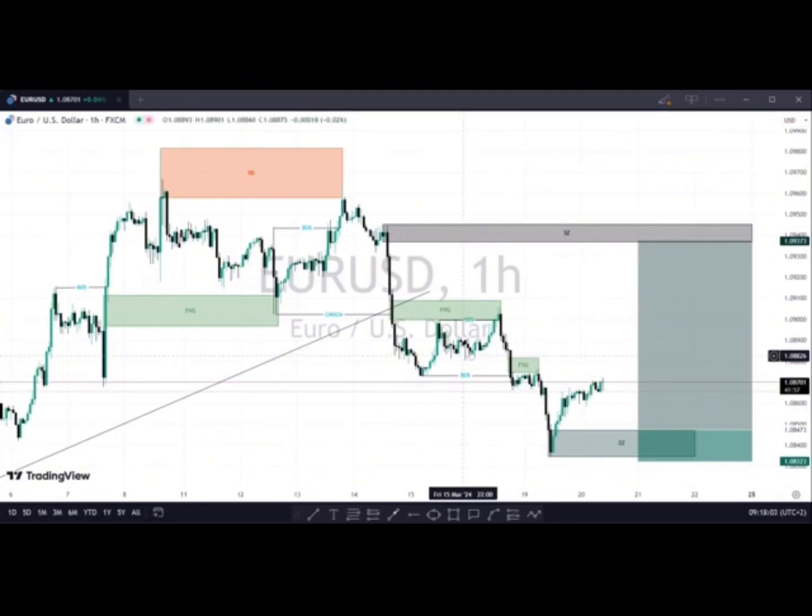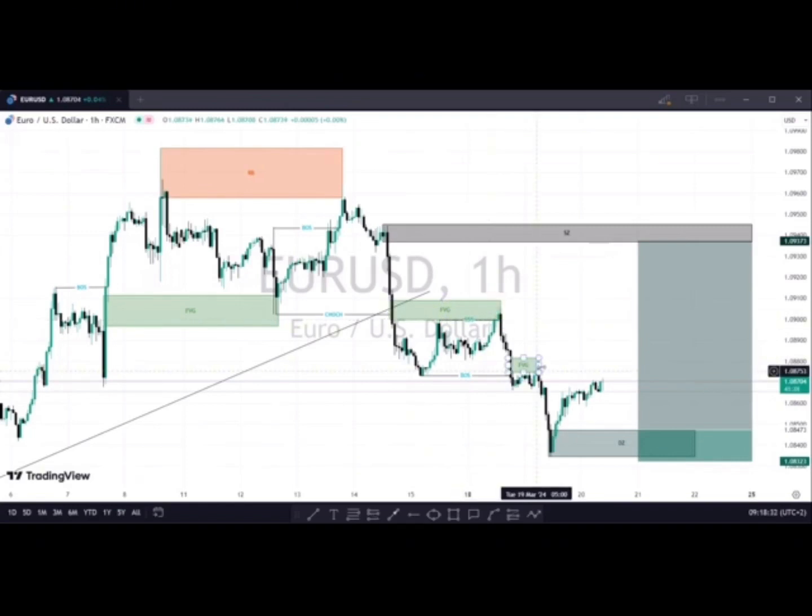We then slightly dropped and pushed aggressively to the upside to make a sweep because this fair value gap had some liquidity here. So price pushed up to collect the liquidity that was left there.